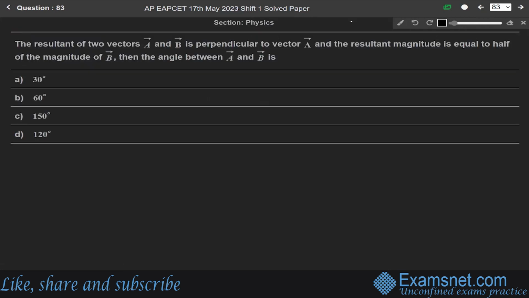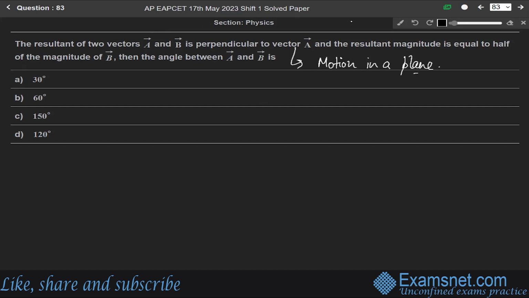Now next question, 83. The resultant of two vectors A and B is perpendicular to vector A, and the resultant magnitude is equal to half of the magnitude of B. Then the angle between A and B is. This question is from the chapter of, again, motion in a plane.